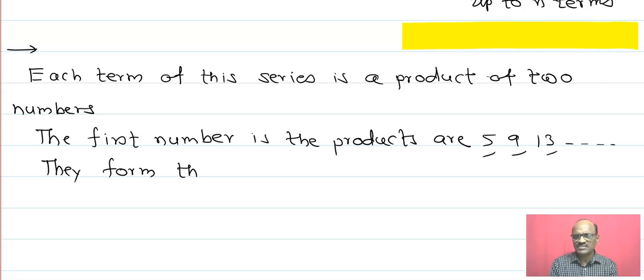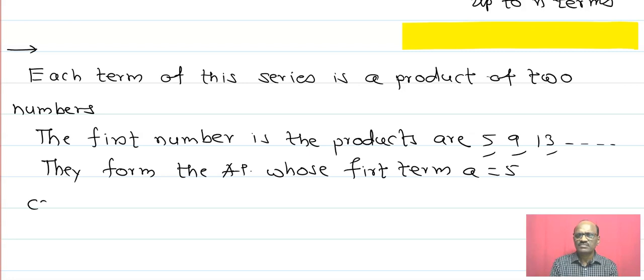See this? They form an arithmetic progression whose first term a is equal to 5, common difference d is equal to 4.